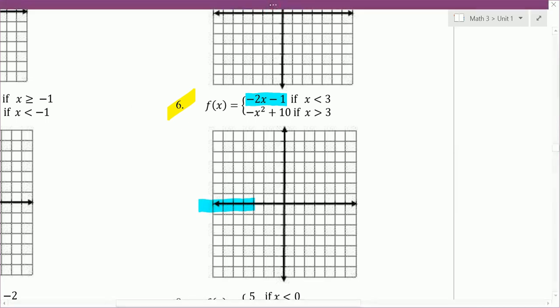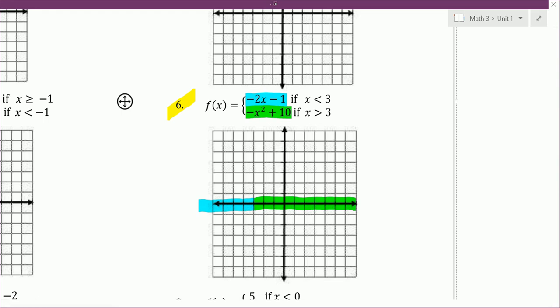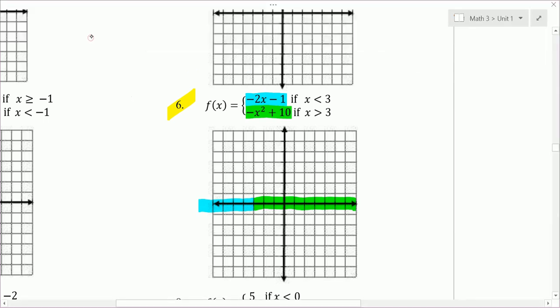And then the second piece is quadratic, and that's for everything greater than 3. So everything over there. It's not part of the graph, but I'll put it up here. It's kind of this dividing line between the blue and the green, and on the left side of that line you're going to put the first piece, and on the right side of that line you're going to put the second piece.